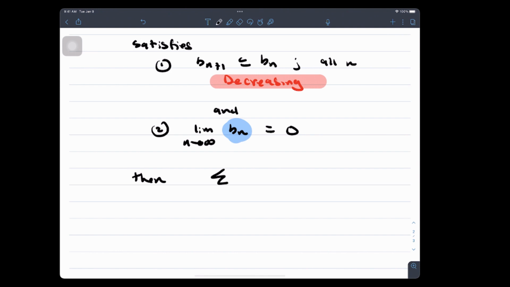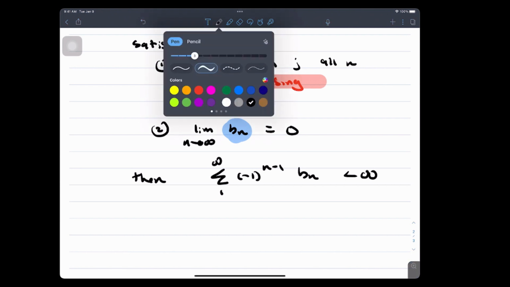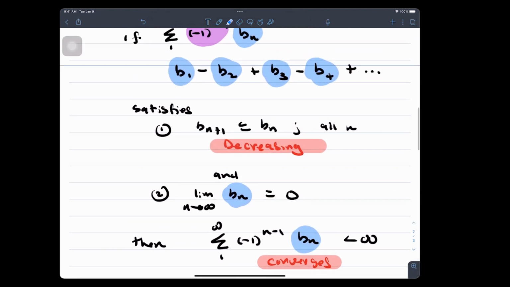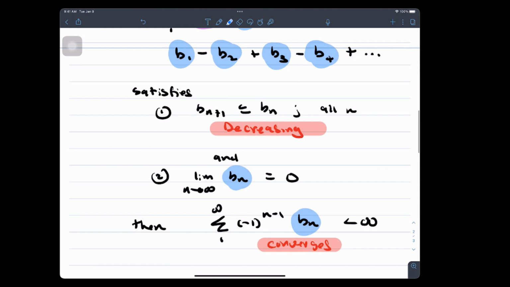Then the series converges, right? So you have that negative 1 to the n minus 1 Bn, then the series converges. There it is.